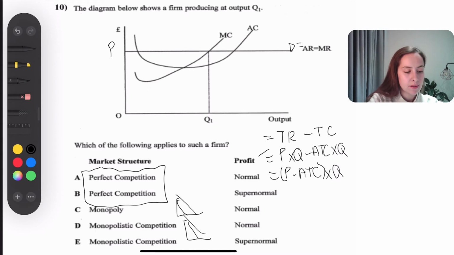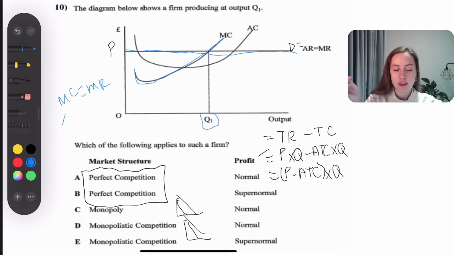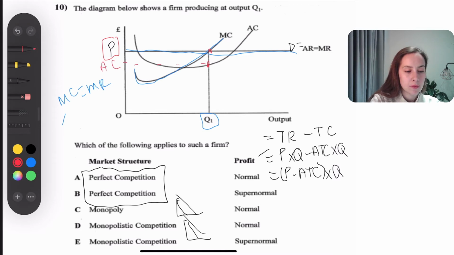So the price, we're assuming this firm profit maximizes, so MC equal to MR, kind of a wobbly line, produces at Q1. At Q1, the price is there, and the average cost is there, which is here. So your profit margin is the difference between your price and your costs.